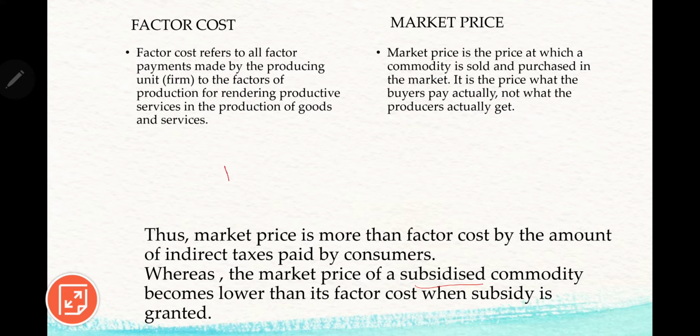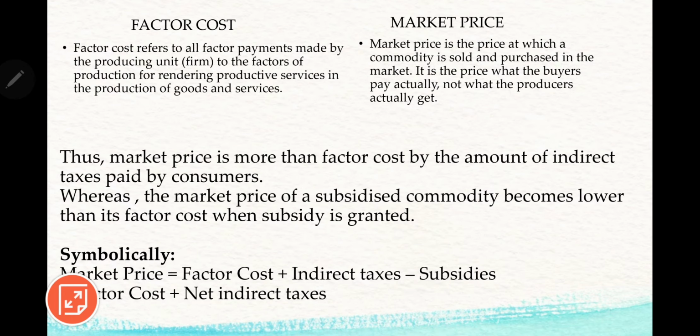Thus, we can say that market price is equal to factor cost plus indirect taxes paid by the consumers minus subsidies received. And the difference between indirect taxes and subsidies is known as net indirect taxes.